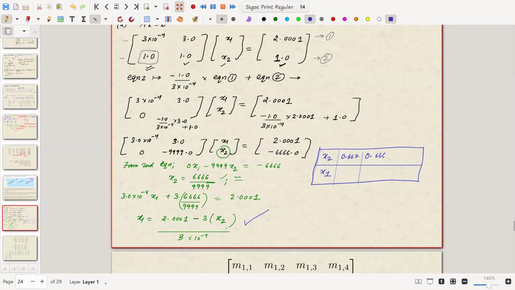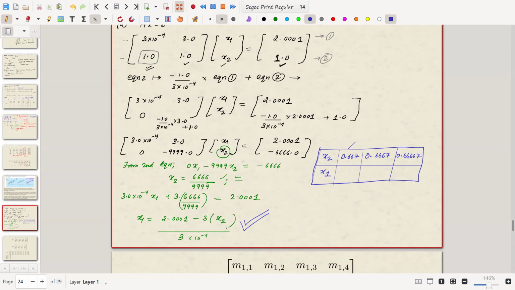We will take 3 such quantities. You can see these are very close to each other, isn't it? Depending on this formula, can you tell me quickly? The first column can do it for 0.667, the second column for 0.6667, and the third column for the last one.